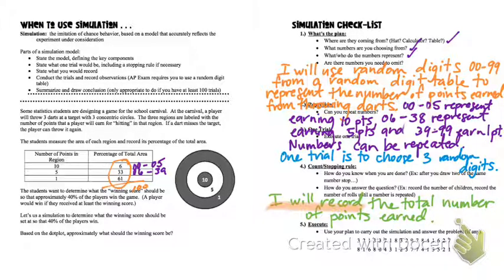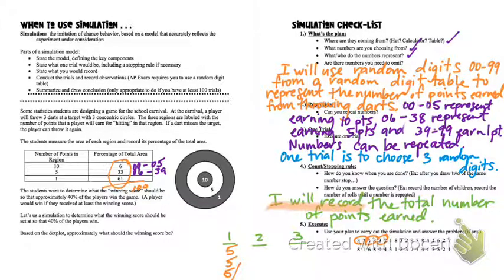Last step is to actually conduct the trial. So let's do 3 trials. I'm just going to put trial 1, 2, and 3. So I'm looking at the random digit table. I have 32, 13, and 37. 32 gets 5 points. 13 gets 5 points. 37 gets 5 points.